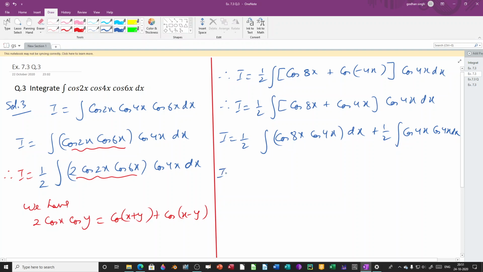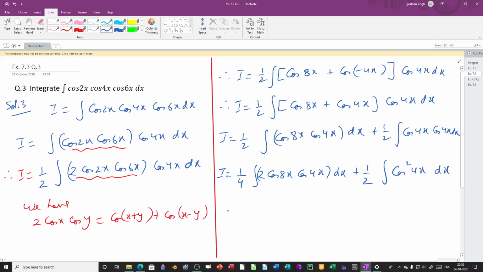So we will be getting I equal to 1 by 4, and in the bracket we can write down 2 cos 8x into cos 4x dx, and plus 1 by 2 integration of cos square 4x dx.